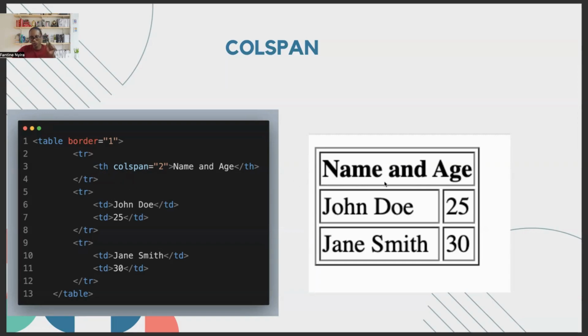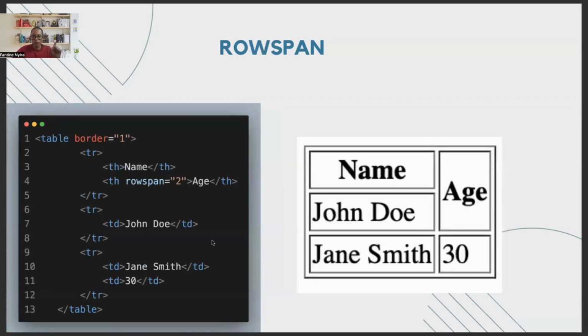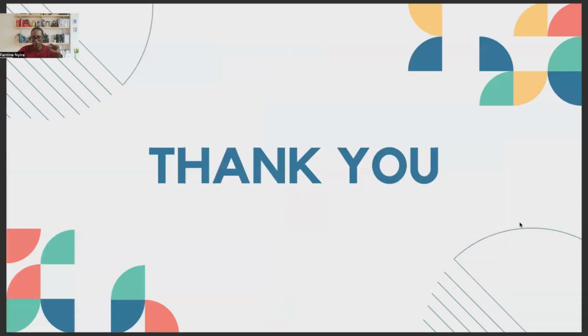So here we merged two columns together and then it made one column. If you want to merge two rows, normally we have another line here which separates the age and then the second row. But we have merged. We say we want to merge these two rows and then it made one row.